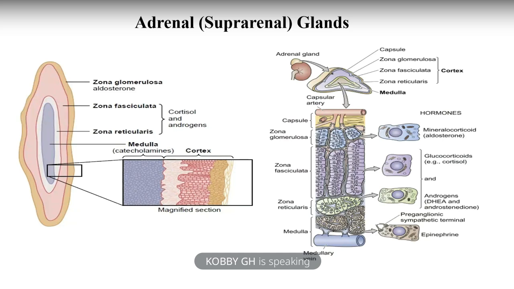The question is saying, which part of the adrenal gland produces epinephrine and then androgens? Now the question is asking which part produces epinephrine, so you say the part of the adrenal gland that produces epinephrine is the adrenal medulla. Then you continue.